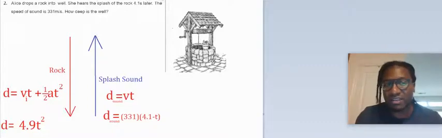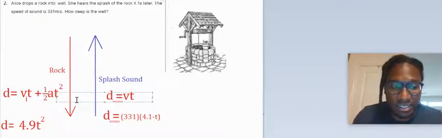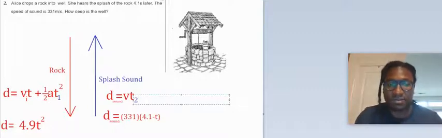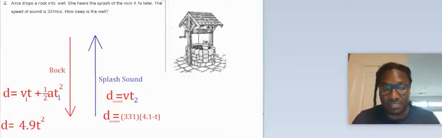So really, I probably should have labeled these T1 and T2. That probably would have made my life easier. Because they're different. The time that it takes for the rock to fall down is probably a lot longer than it took for the sound wave to travel back up the same distance. Okay, so those two times are different.